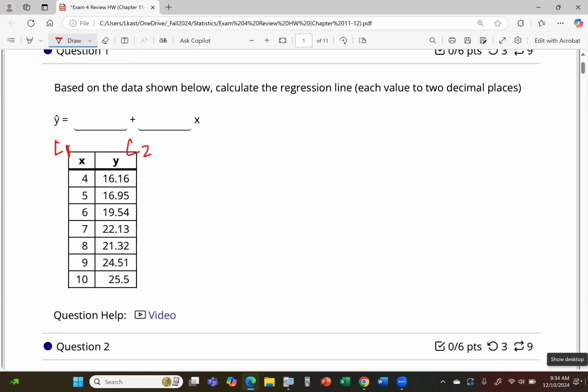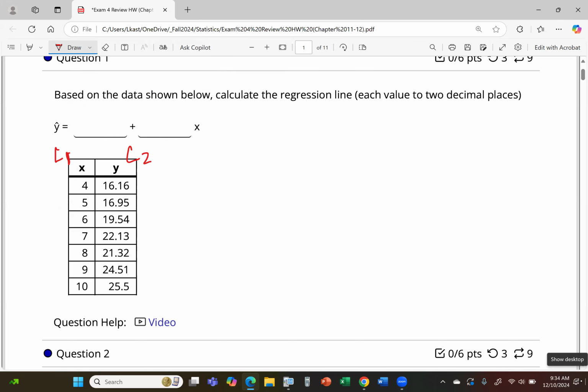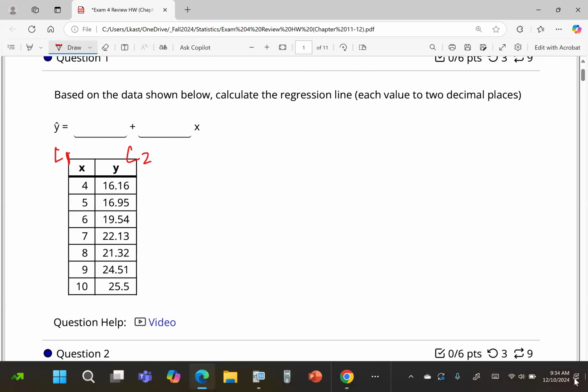And then I'm going to run stat test. And it's a LinRegTTest. You could just run a regression on it, which is in the calculate menu. However, you might as well run the test because you have to do that later anyway.